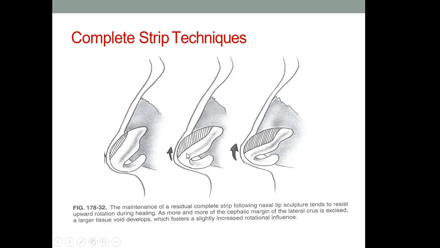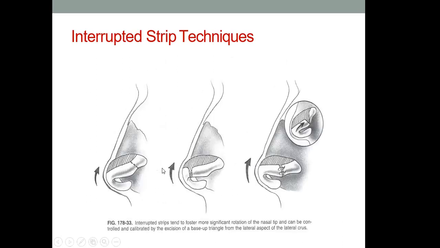As we said, we have to leave at least 5 millimeters of the caudal part of the lower lateral cartilage. But they said if we take more of the cephalic part, we will get more rotation. This is the interrupted strip technique. It is interrupted from the caudal end.